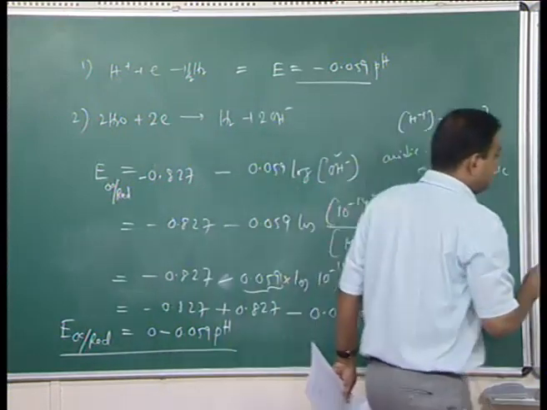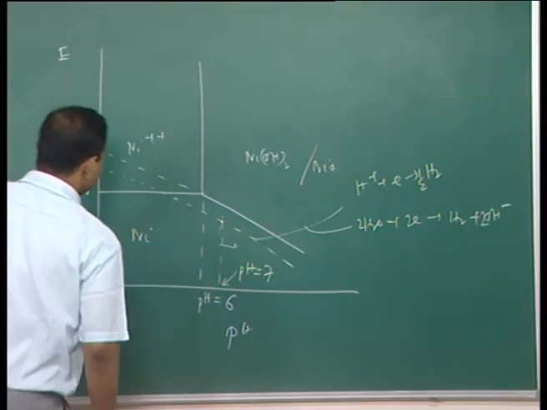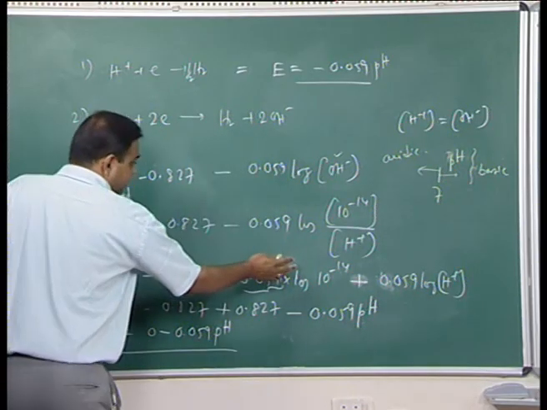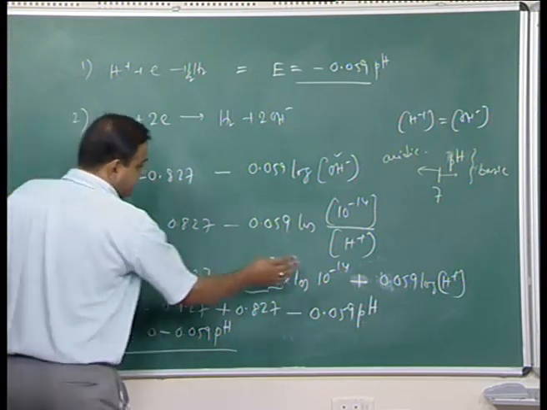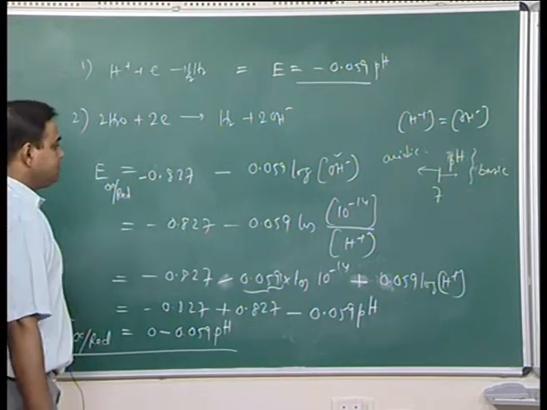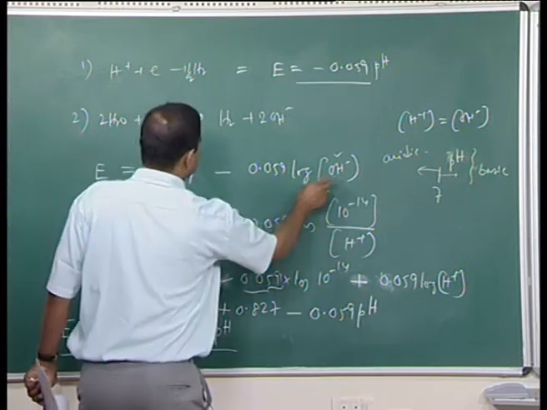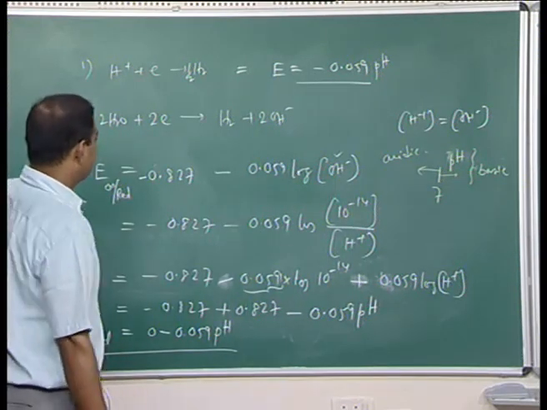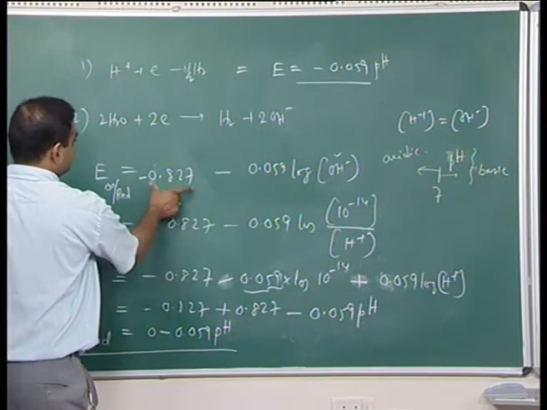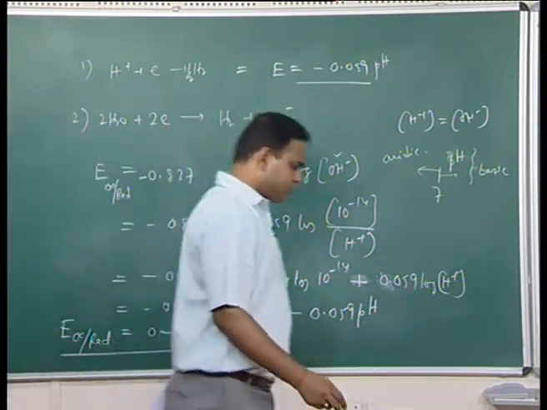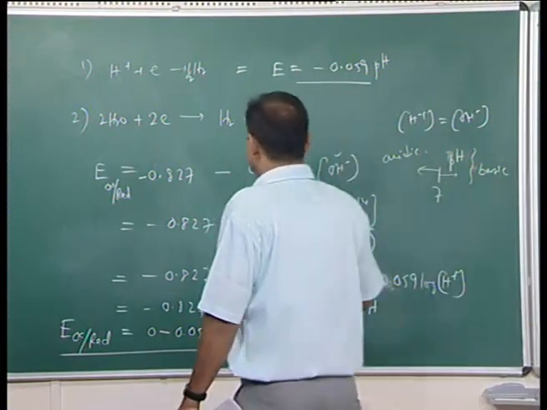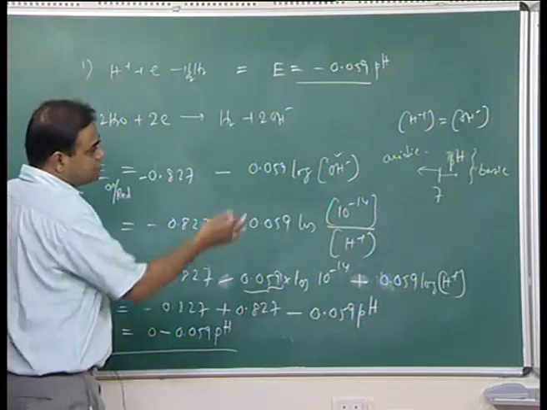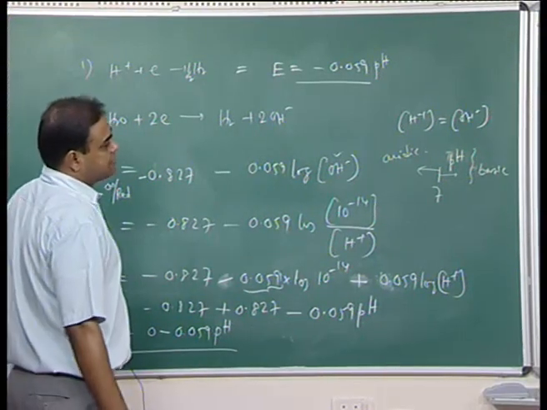And what would be the value of the potential at pH 7? Instead of 10 to the power minus 14, here you just put 10 to the power minus 7. Then you would see that this becomes around minus 0.413. So we can have two reactions on the E versus pH diagram.